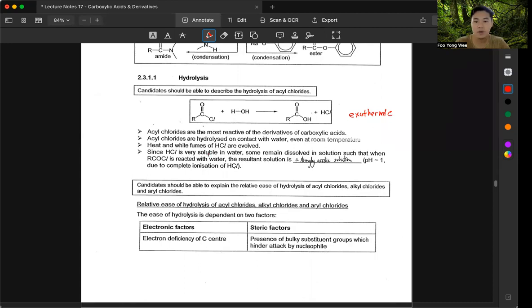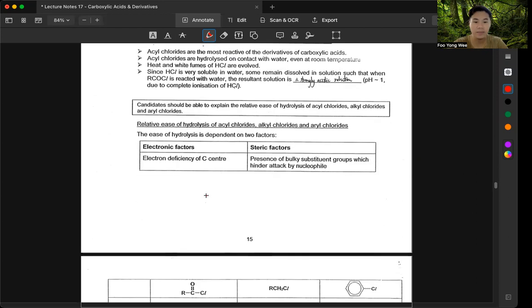HCl is very soluble in water, so some will remain dissolved in the solution, such that when RCOCl, the acyl chloride, reacts with water, you will form a very acidic solution due to the complete ionization of HCl.